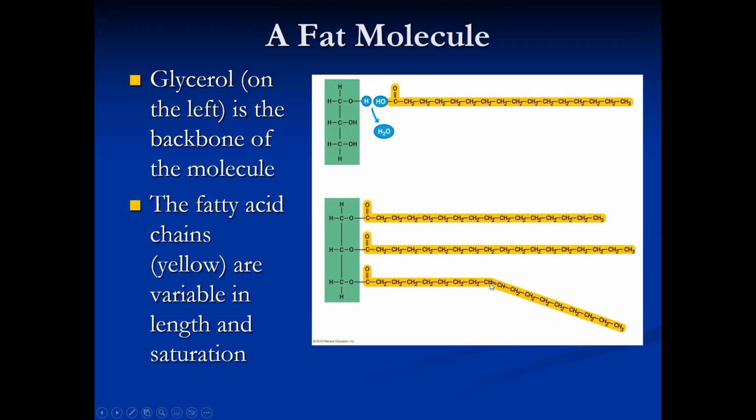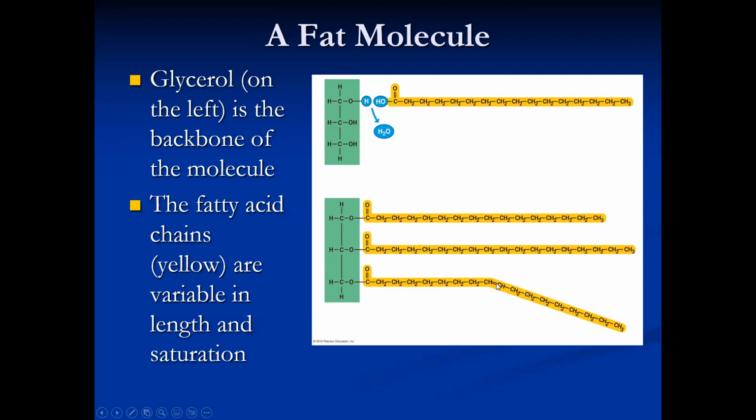Why is that happening? Well, notice that there's only CH here and CH here, where up here there are CH2s. Now, these 2 top ones, because they have CH2 in every spot, except for the beginning and end, they're called saturated because you have as much hydrogen as you can possibly fit in there. So the carbons are attached to each other left to right with the hydrogens above and below. This is a shorthand way to write it.